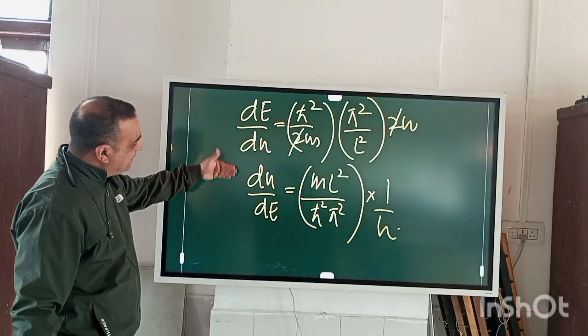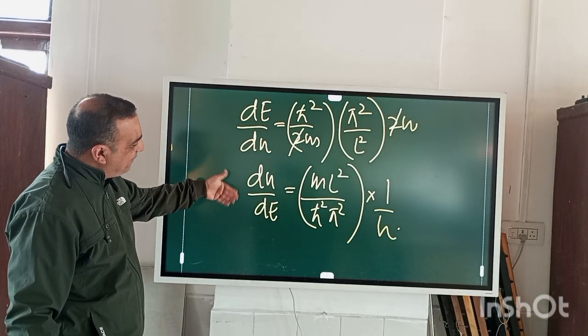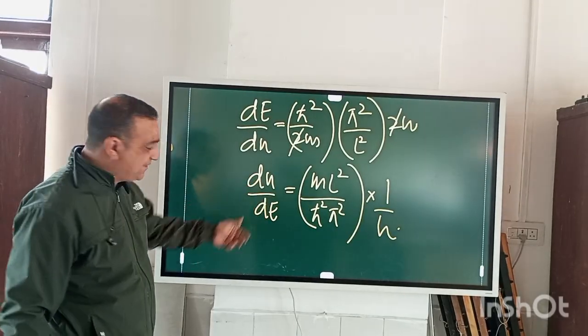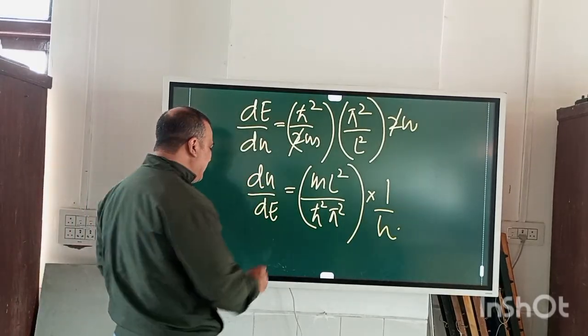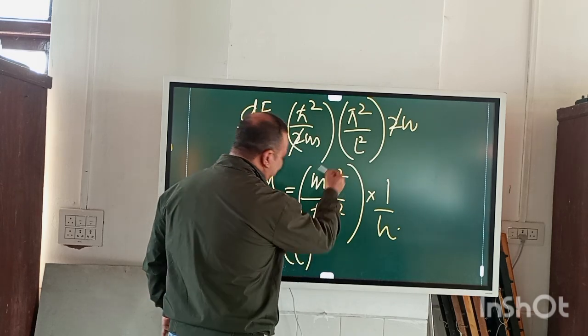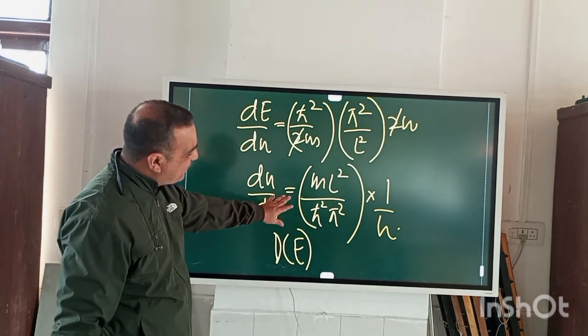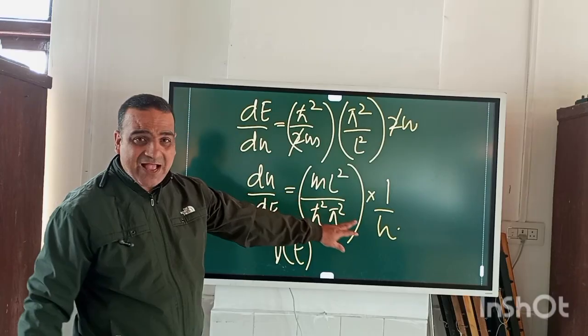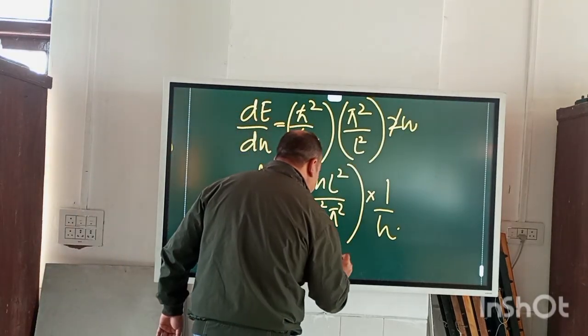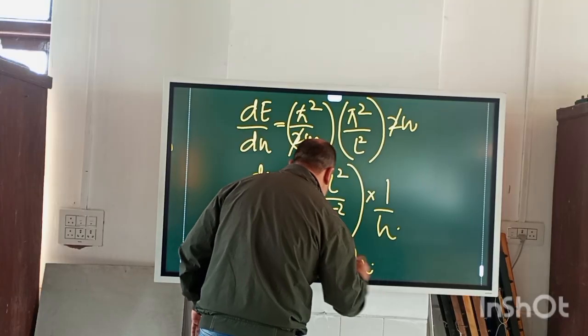Now, this differential on the left hand side reflects the density of states, so for dN by dE, I can think of D of E. And within the brackets, everything is a constant. So I can say that the density of states is inversely proportional to n.